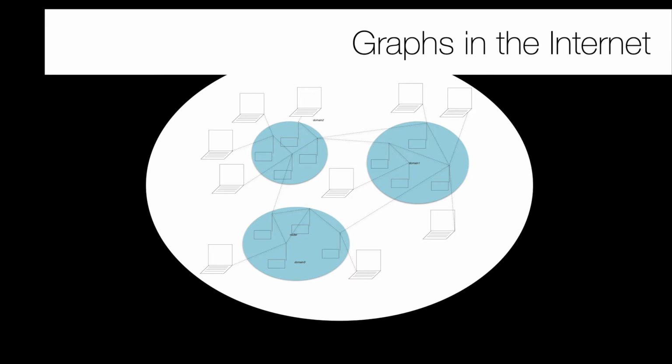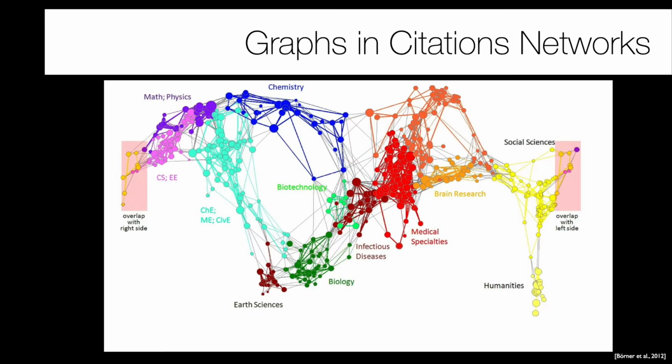Likewise, the web itself is a network of servers that host web pages. These servers are parts of domains, etc. But you can also think about networks in terms of citations.